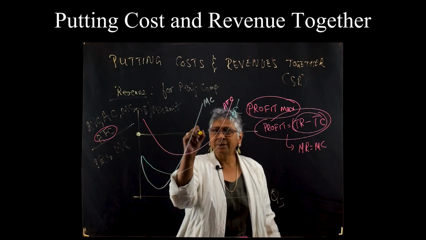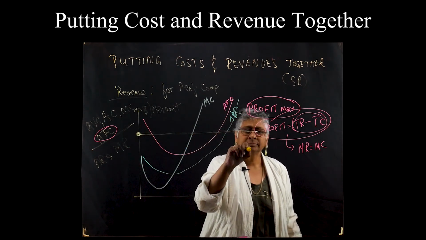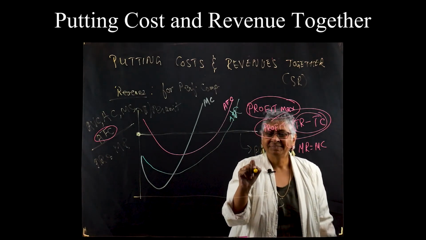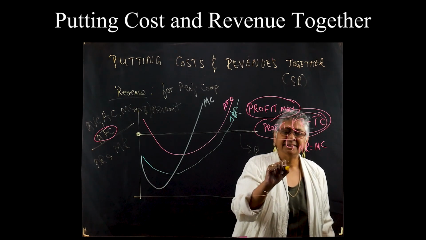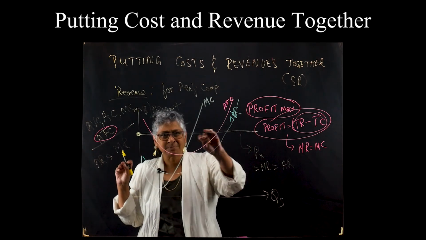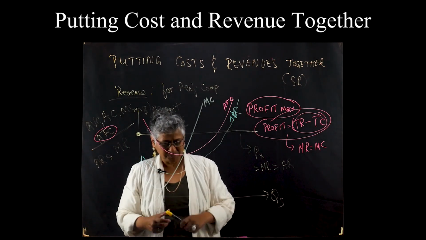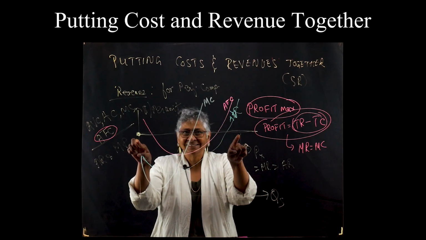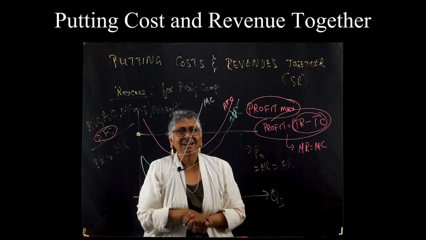And because I'm a price taker, my price is the same thing as the marginal revenue and the average revenue. It's just whatever the price is per unit, that's my marginal and average revenue, as we already learned. So what I've done, if you look at this picture, is I took my cost curves and I added my revenue in terms of marginals and average. Now, let's learn how to read this.